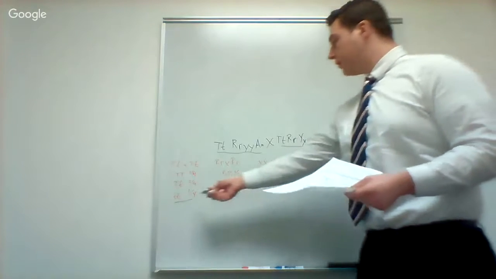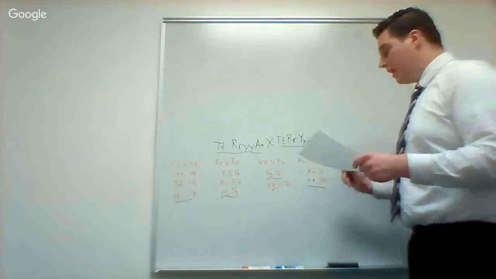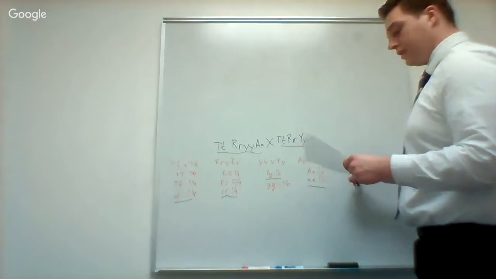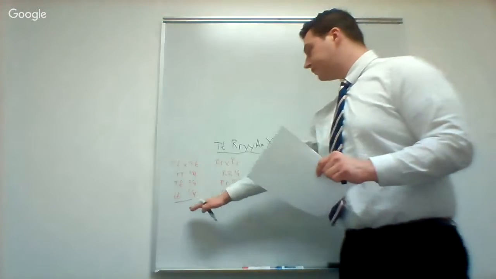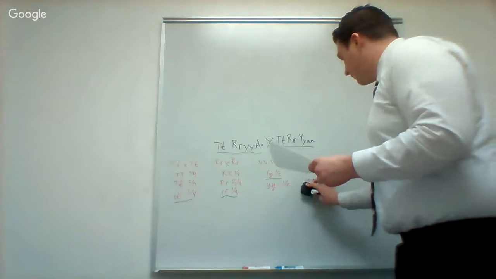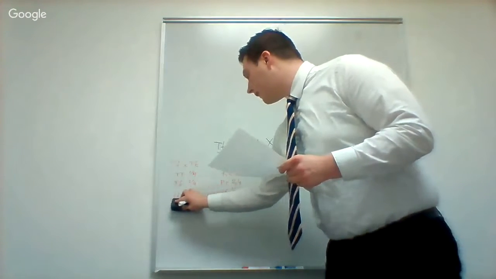What's the chance of these? So you end up multiplying this across, 1/4 times 1/4 times 1/2 times 1/2, and you end up getting 1 out of 64, and that is the chance of you getting those phenotypes.